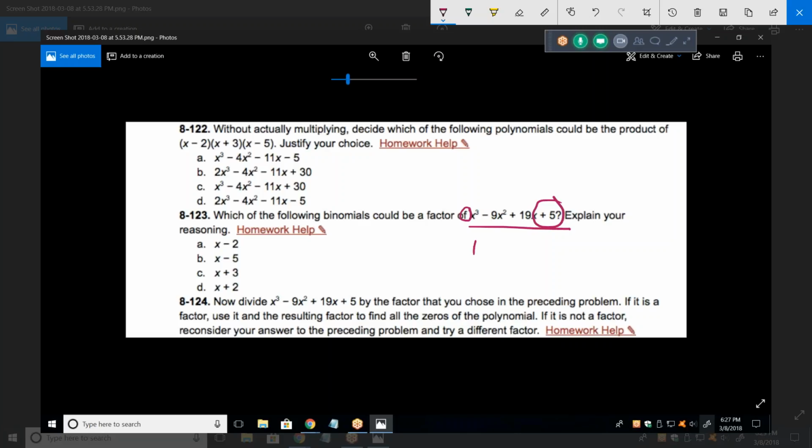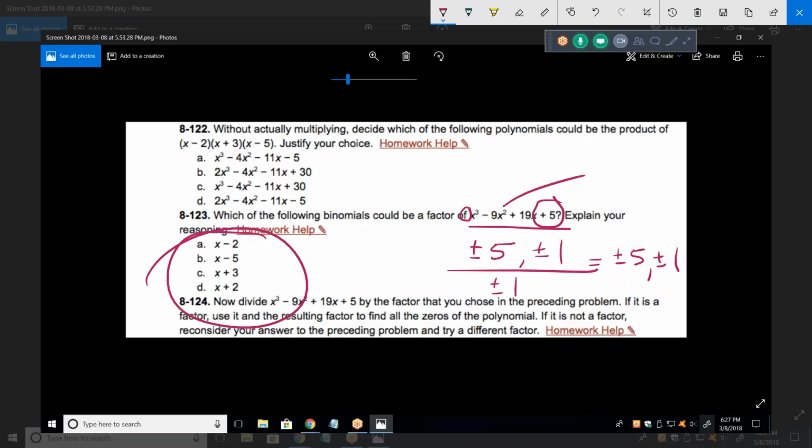So I don't have many choices. I got plus or minus 5 for the numerator and plus or minus 1. Those are the two factors of the constant. And in the denominator, I just got plus or minus 1. So my only answers are plus or minus 5 and plus or minus 1. So which answer is correct? B. It has to be. There's no 2's and 3's in there. So merely by knowing the rational factor theorem, it allows you to solve that.